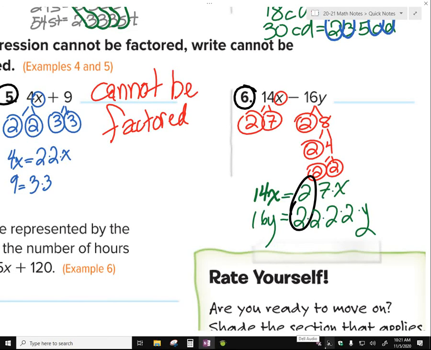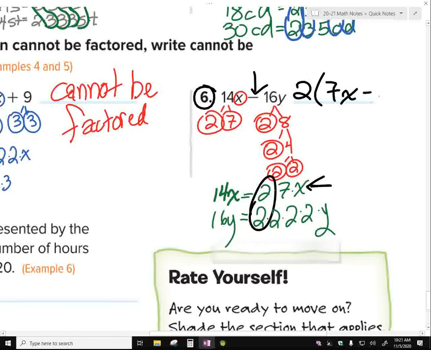So that means that 2 is going to go on the outside of the parenthesis. Then what I have left over is 7 times x, 7x, subtracted by 2 times 2 times 2 times y equals 8y.